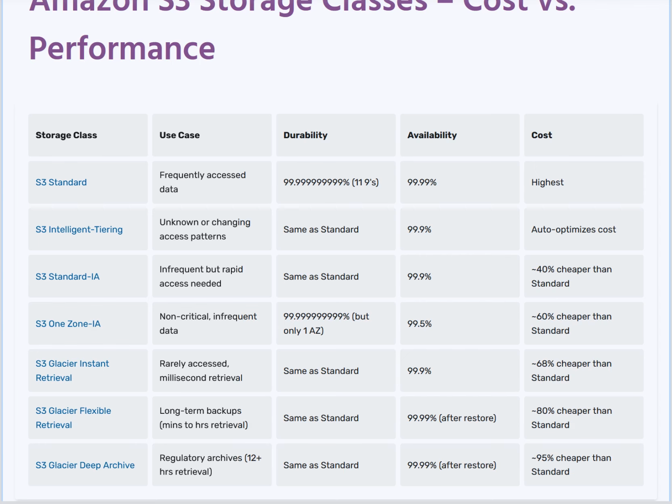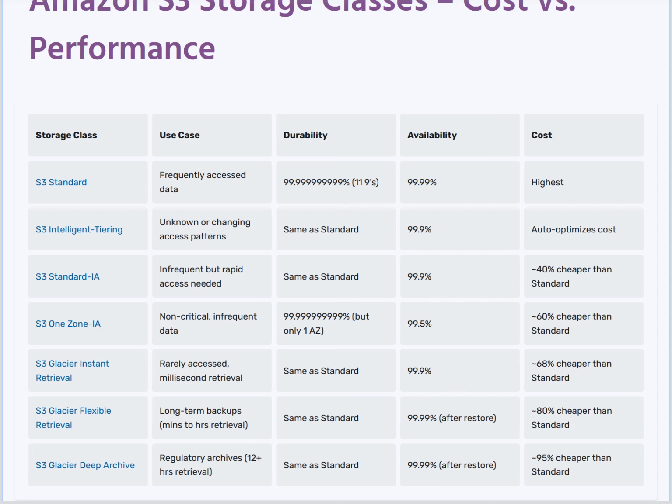And then you have S3 Standard-IA, for infrequent but rapid access needed. This is infrequent, but you need rapid access, meaning you need to access it immediately when you need it.